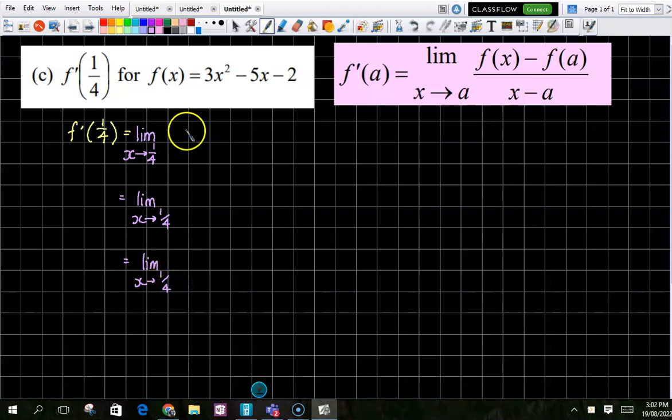f of x, we're writing 3x squared, take 5x, take 2, minus f of a. So this is f of 1/4, all over x take a quarter. Geez, who decided to do this? I get my 3x squared.